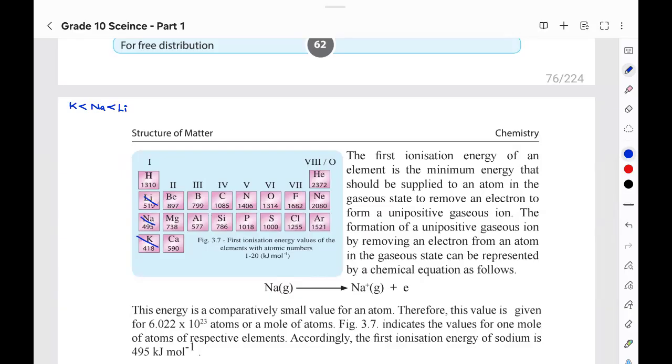After that, aluminium, then calcium, then magnesium, then silicon, then boron, then beryllium.